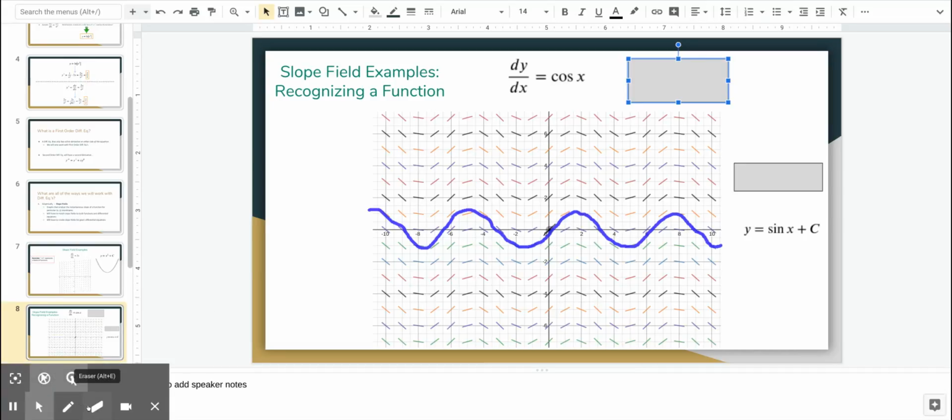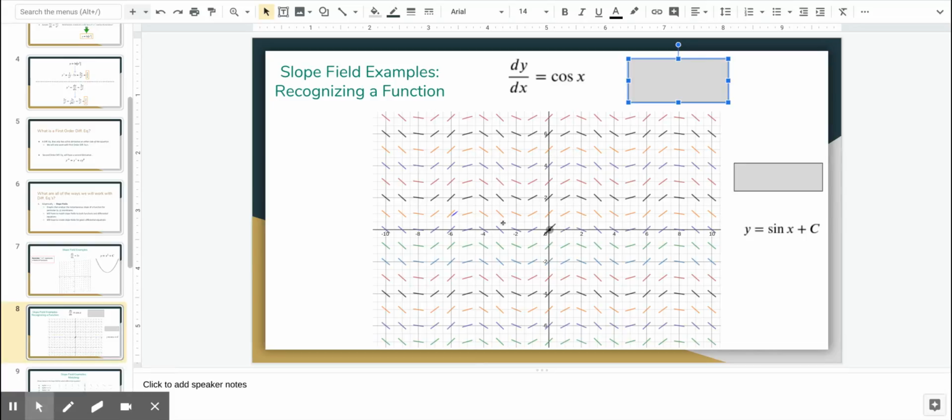And again, if you want to try to test that out, or maybe just a further understanding of what I mean by this, the cosine is the differential equation that matches this slope field, pick some value within this graph, right? So pick any value of x and plug it into cosine and see if that little line segment matches the value that you plugged in.